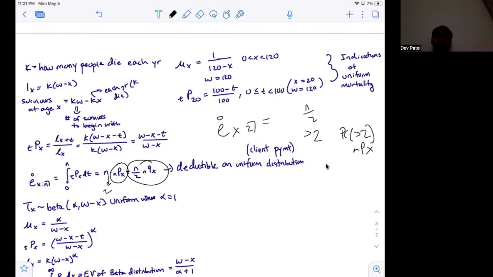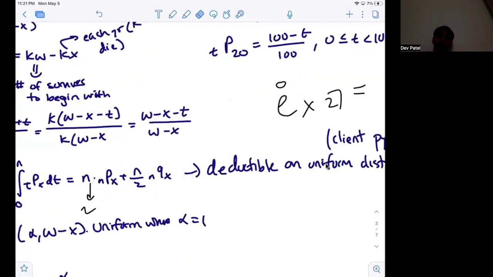So that's why it's n over 2. We're going to take n over 2, so in this case it will be 1. And then times the probability that age x will die within 1 year, or within 2 years. And so that's our probabilities. So it's a very intuitive formula once you actually dive into it.